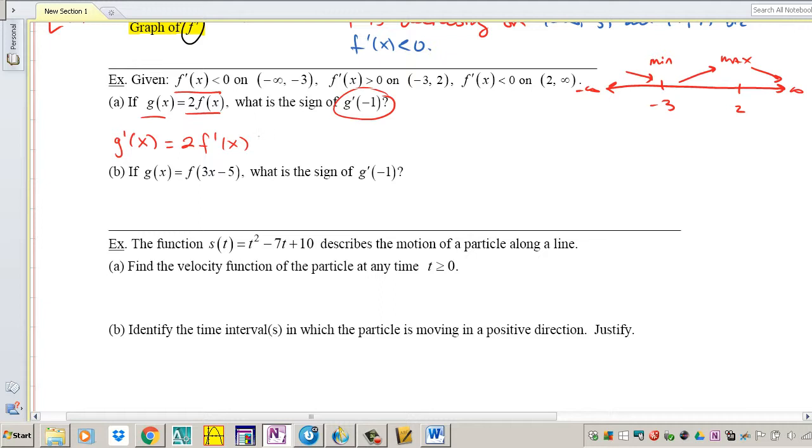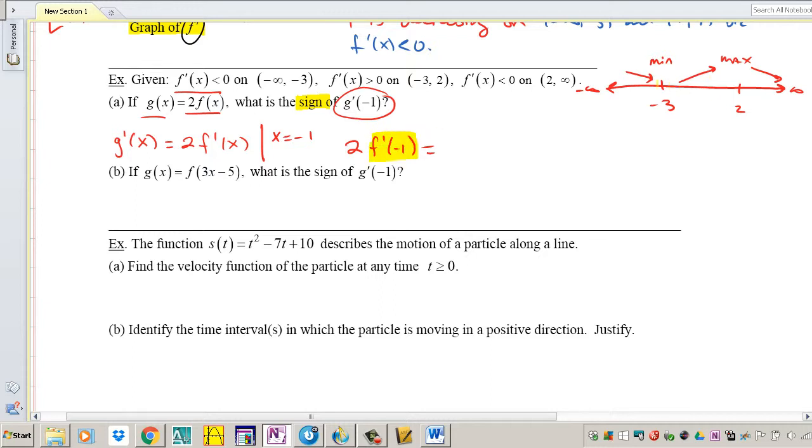So all we've got to do is plug in x equals negative 1, and we get 2 f prime of negative 1. Well, do I even know what f prime of negative 1 is? I don't know, and I don't care. All I want to know is the sign. Which means I have to figure out the sign of f prime of negative 1.